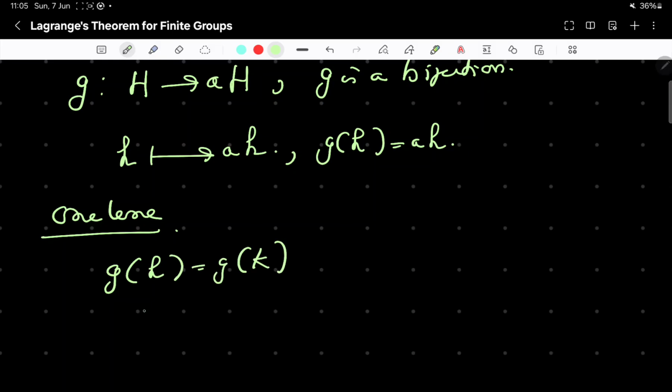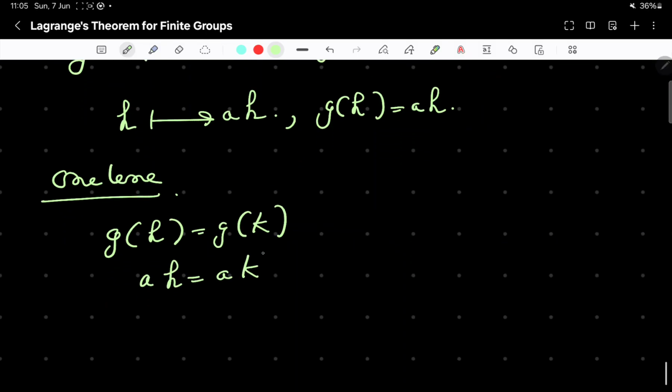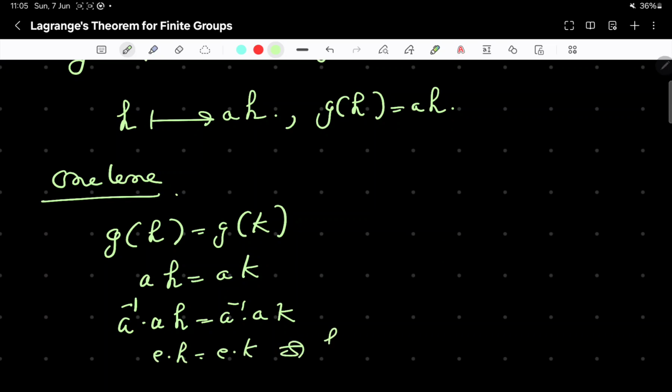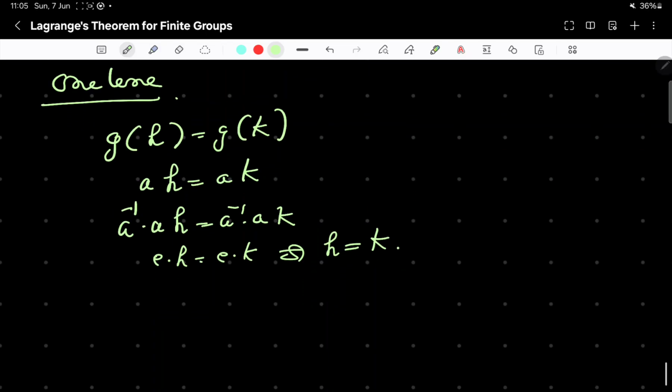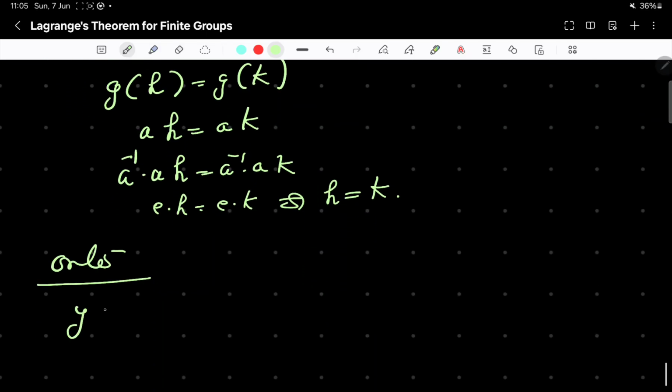Then ah equals ak. Now multiply both sides by a inverse, because it is a group. So you get eh equal to ek, which implies h equal to k. So f of x equal to f of y implies x equal to y. So it's one-to-one. Now how do you prove it is onto? Onto means you take an element from aH.